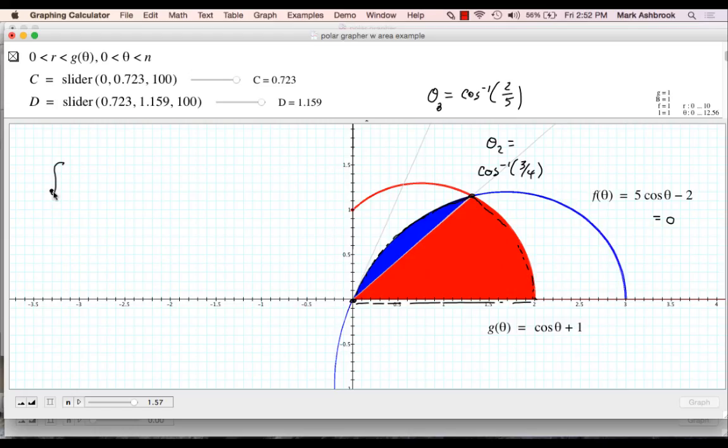So it's going to be the integral from theta 1 to theta 2, which is arc cosine of 3/4, of 1/2 G squared, plus the integral from theta 2 to theta 3, the one we just found where this blue curve equals 0, of 1/2 F squared.